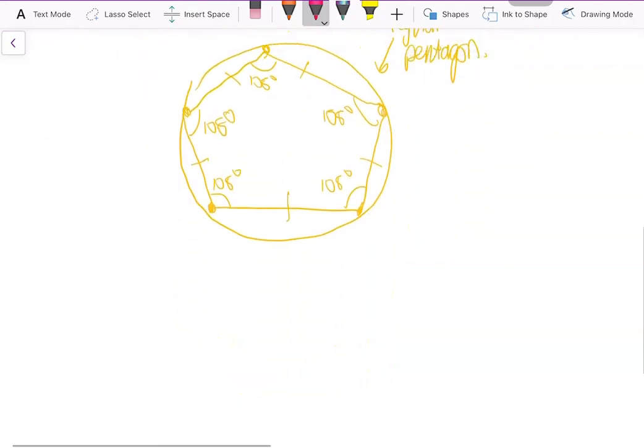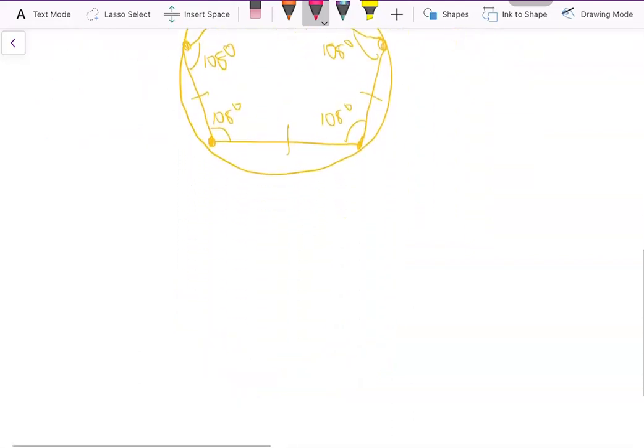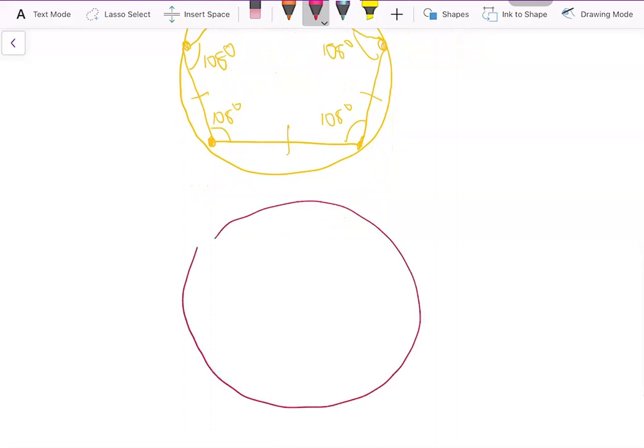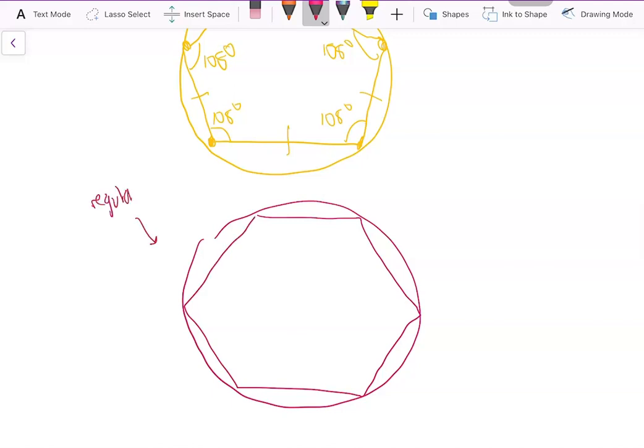Now let's move on to the hexagon. A regular hexagon has equal 120-degree angles.